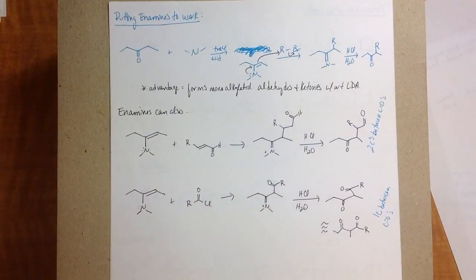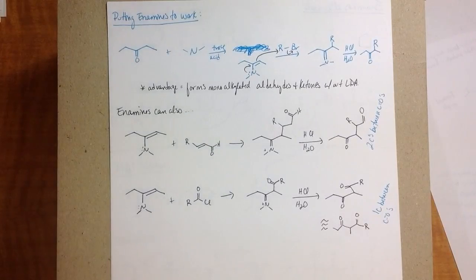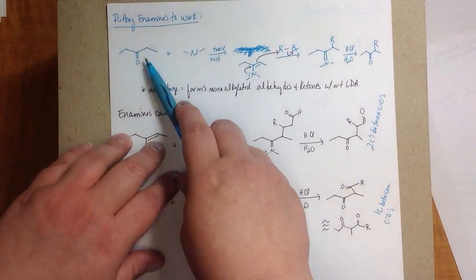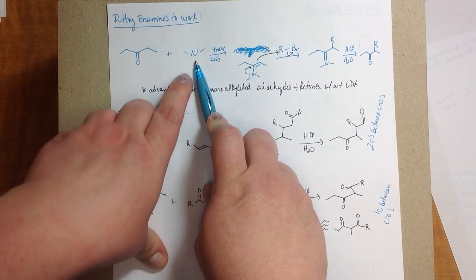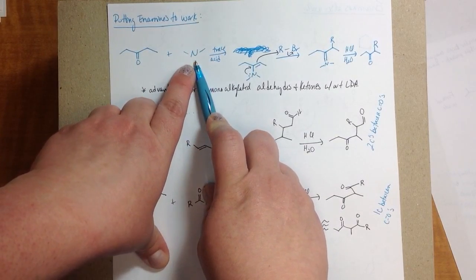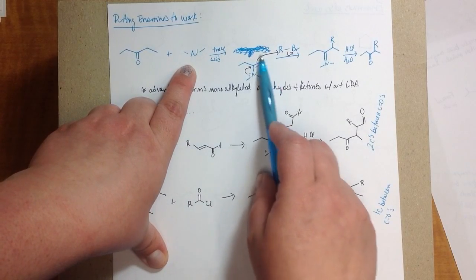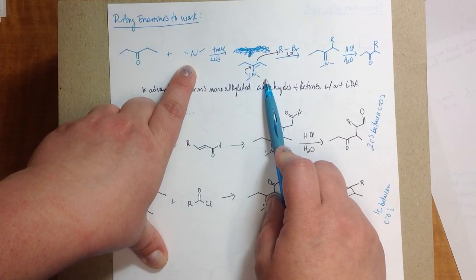We can also do some really cool stuff with enamines. Remember how we talked about those before? When you have a ketone or aldehyde along with some secondary amine and trace acid, you end up making this enamine.